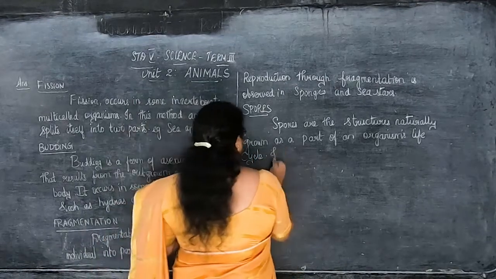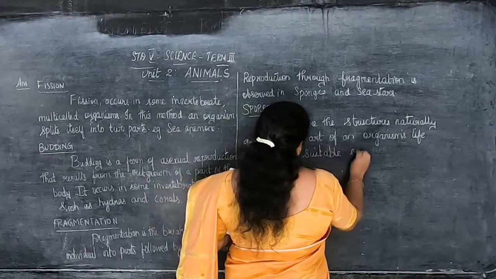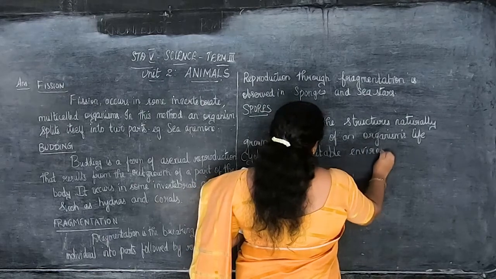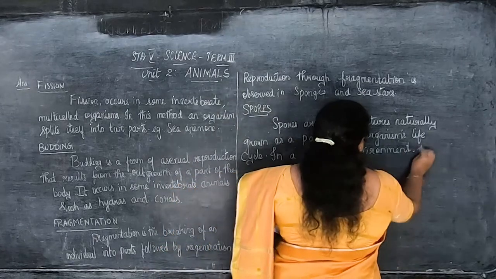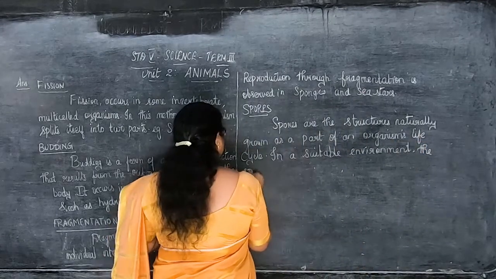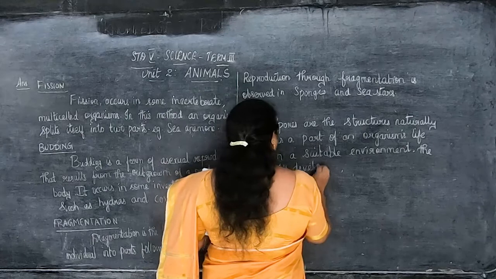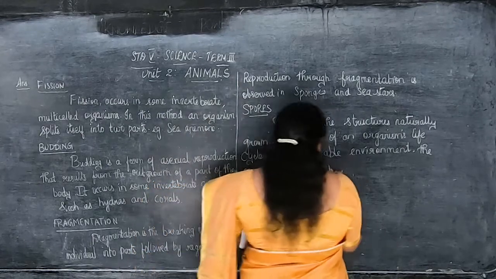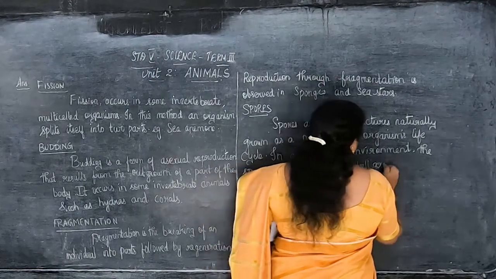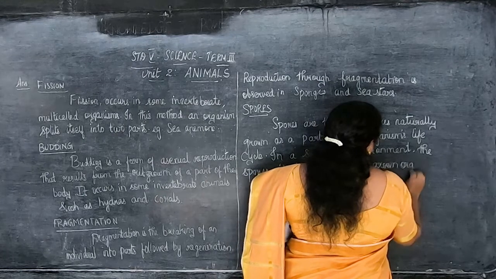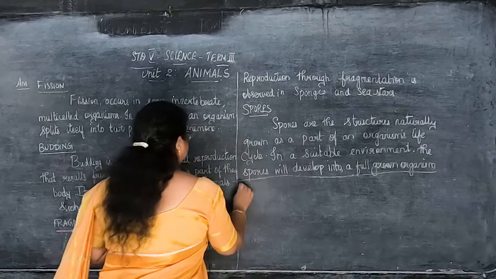In a suitable environment, the spores will develop into a fully grown organism. Okay, children? So this is your first detail.